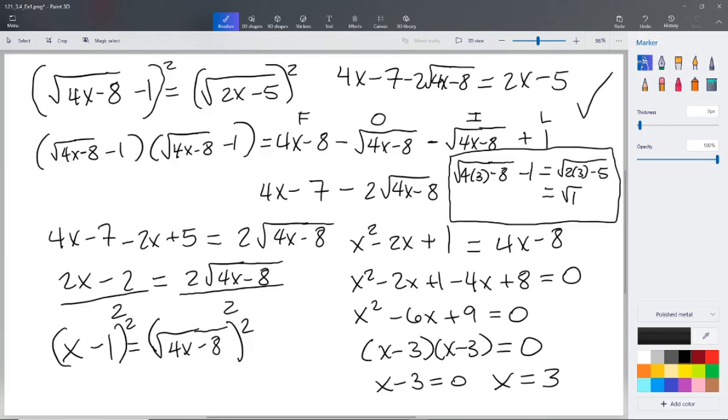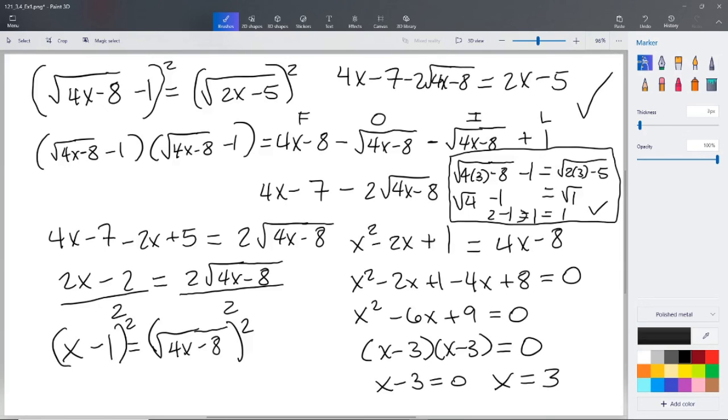Over here, you've got 4 times 3, 12. 12 minus 8 is 4, so we have radical 4, and then minus 1. Radical 4 is 2, and 2 minus 1 is 1. Over here, we have 1. So guess what? It does check out. It totally checks, 1 equals 1.